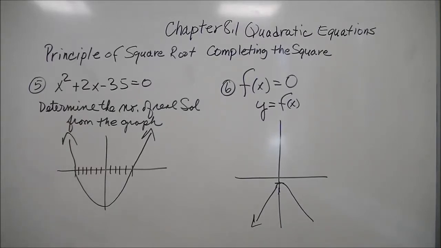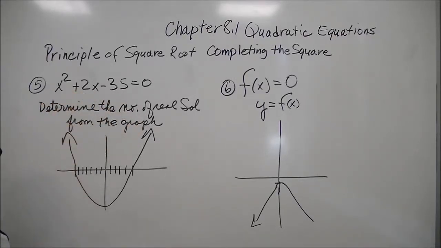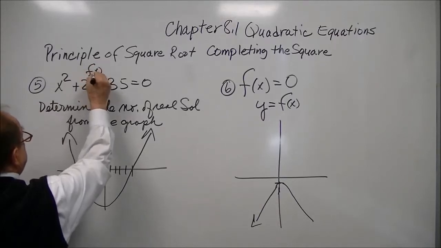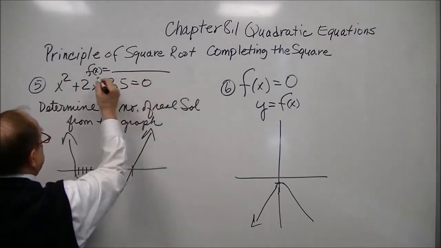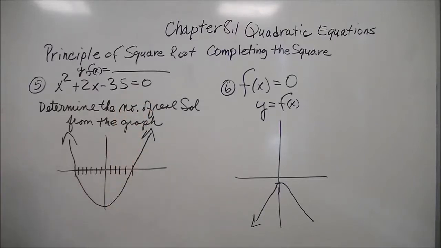In examples 5 and 6 in our booklet, we're asked to look at this equation. It's quadratic, and if we put it in function notation, it would be f of x is equal to this, and we're looking for y here, and y will be 0.